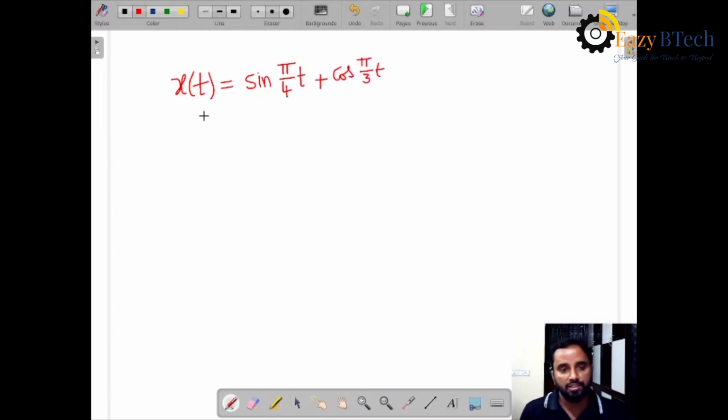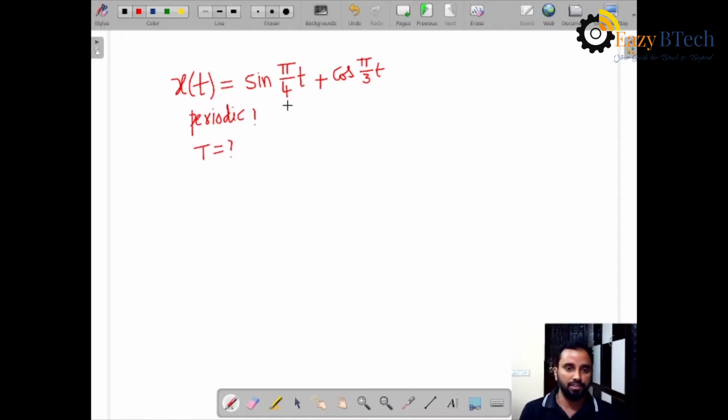The question is, is this x of t periodic or not? If periodic, what is the time period?